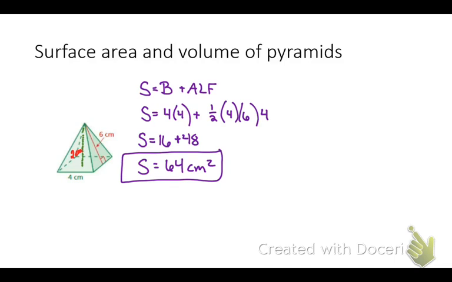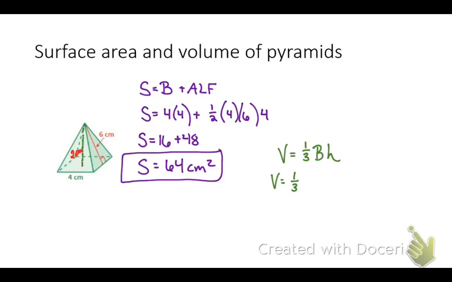All right, last but not least, what about volume? Volume equals 1/3. Don't forget, it's a pyramid. The area of my base times the height of my pyramid. So volume equals 1/3.